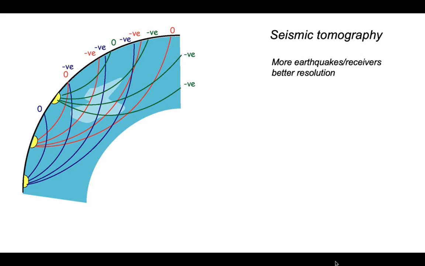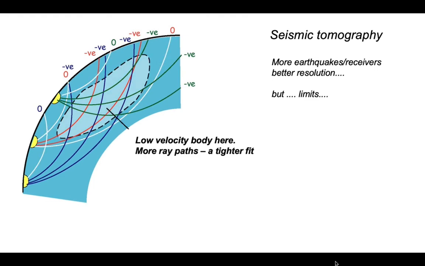The ray paths that avoided the lower velocity body we just marked as 0, they're on time. But of course here we've worked assuming we know what the body looks like. If we just plot the data that we've got, we know that there's a lower velocity in here. The more ray paths we get, the tighter the fit, the better we can image the velocity anomaly within the mantle.